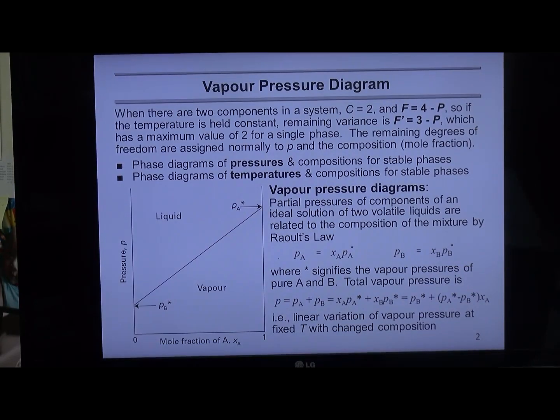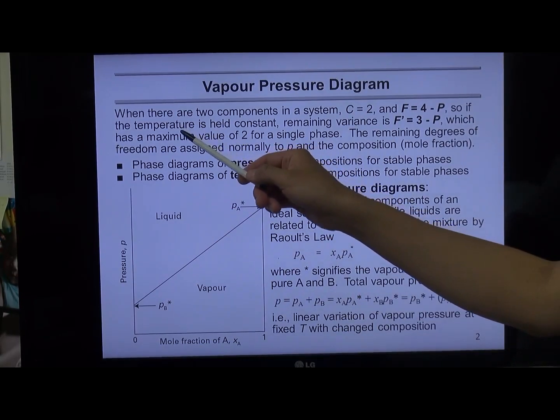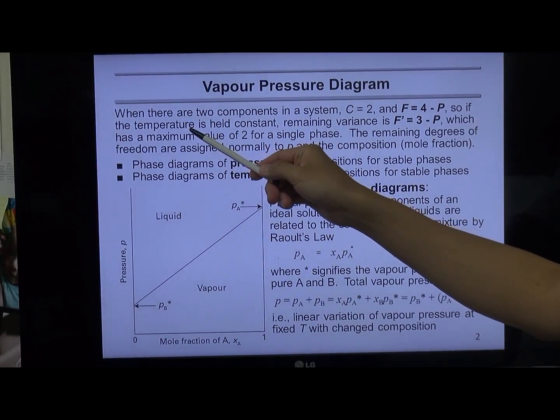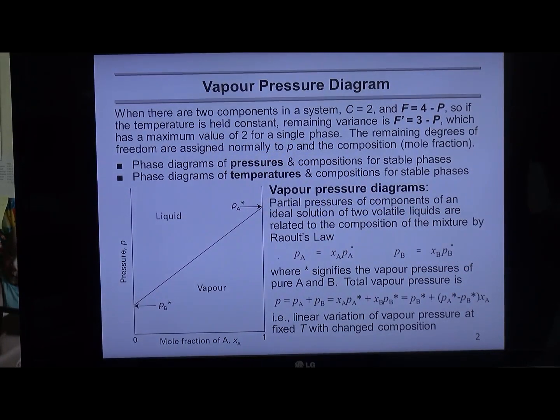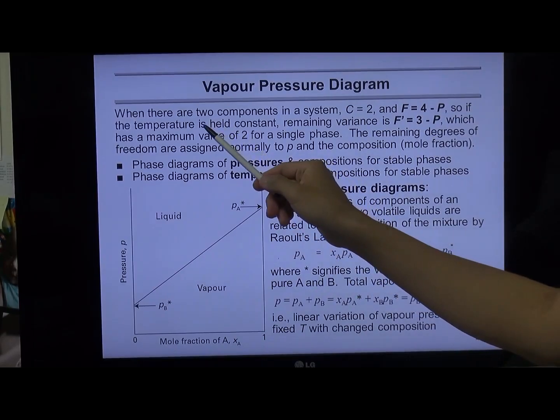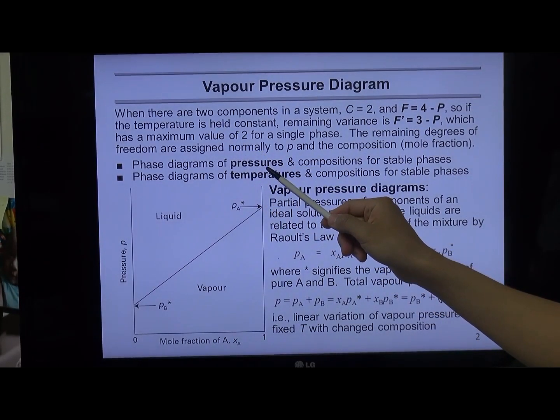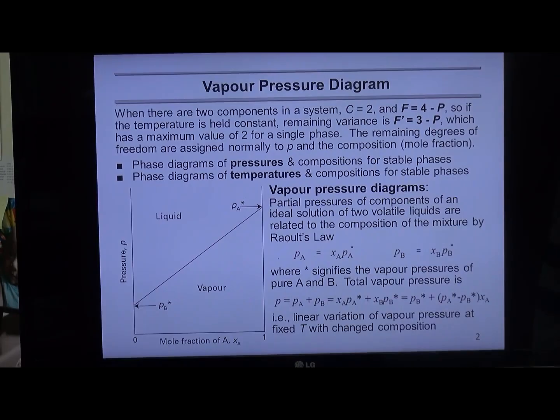Or, if we fix the pressure instead of temperature, then we'll have temperature composition phase diagram. So, let's first follow this statement. We fix the temperature and we can have phase diagrams of pressure and composition.